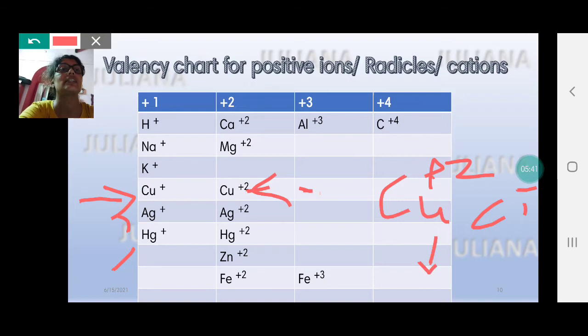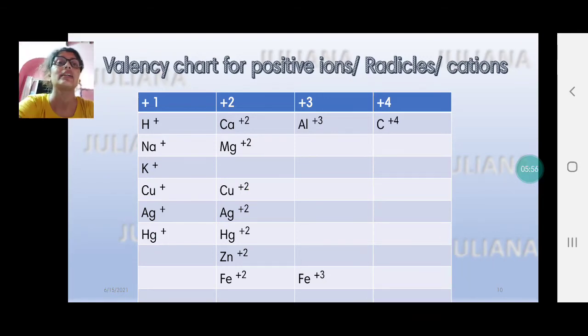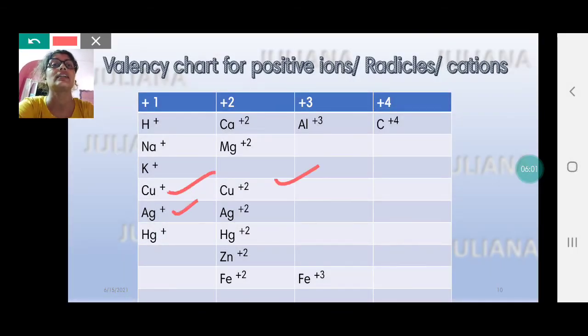So when we write the valencies down, this is 2, this is 1, cross multiply it and you get CuCl2. Always remember the lower valency takes the suffix ous. Here we have cuprous, cupric, argentous, argentic, hydrargyrous, hydrargyric, ferrous, ferric. Now iron has +2 and +3 valency and not +1 and +2.